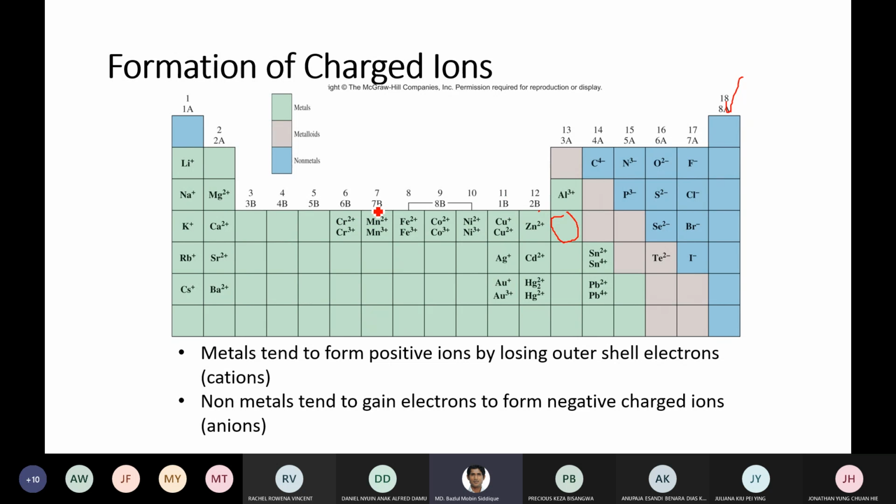So if they release the electron, that is why metals will always be positively charged. Metals always tend to form positive ions, because they lose the outermost shell electrons. But non-metals will try to take an electron and then they will form a negatively charged ion.